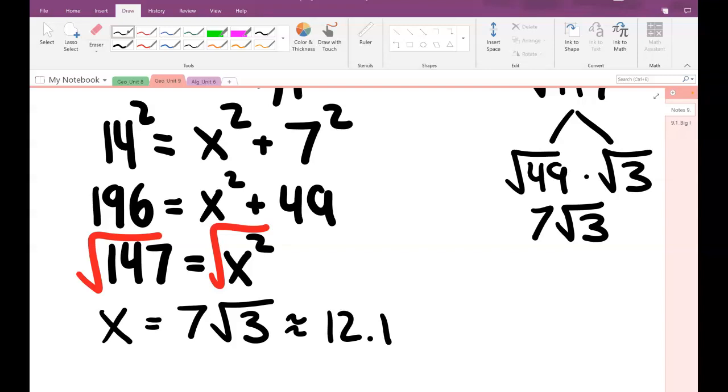The little squiggly equal sign means approximate. Because this would be a repeating long decimal, you just say 12.1. And we cannot write this as a Pythagorean triple because we have a decimal, not whole numbers. Whatever it asks you. I know in Big Ideas it asks for the exact answer, so you'd write this one.